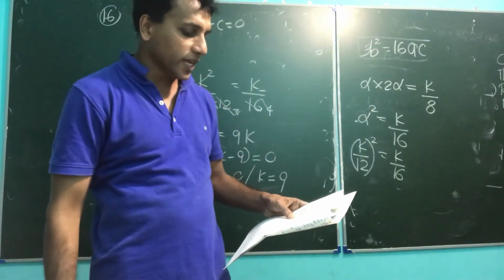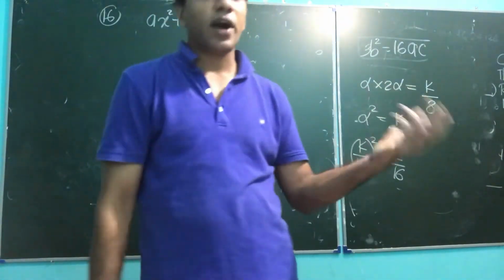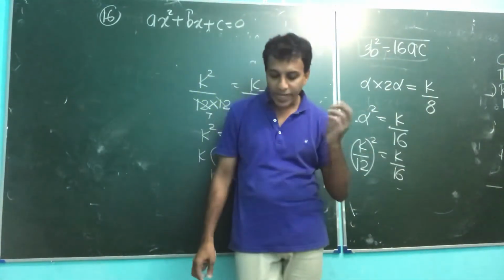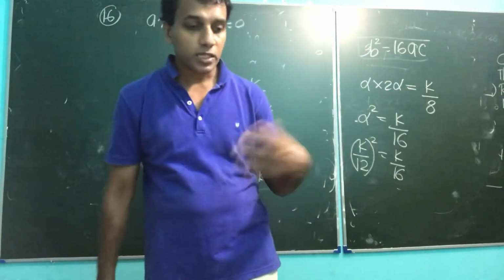So one root is 3 times the other root. What do you mean? If one is 5, the other is 15. One is 8, the other is 24. One is 2, the other is 8. 3 times.